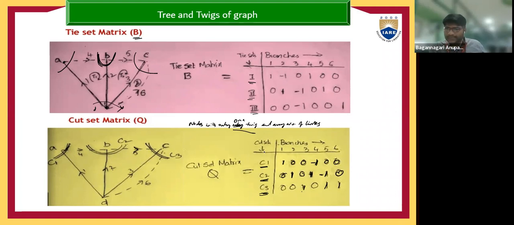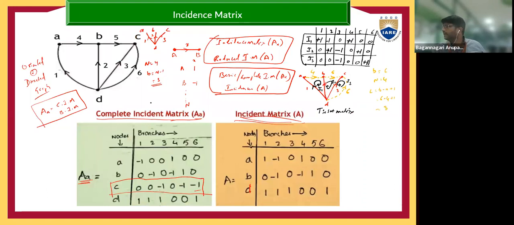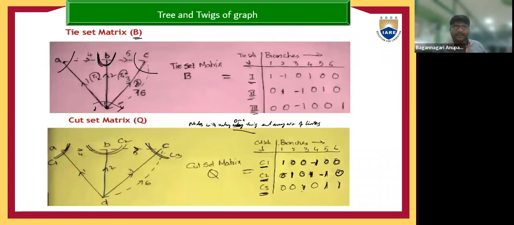So how do you draw a tie set and how do you draw a cut set? We discussed the tie set and incidence matrix in the last class. For the tie set matrix, we take a tree and complete the oriented graph with the links where the tree branches are not available, and we draw the loop currents in the direction of the branch currents of the links, take them as the row components, and write the tie set matrix.